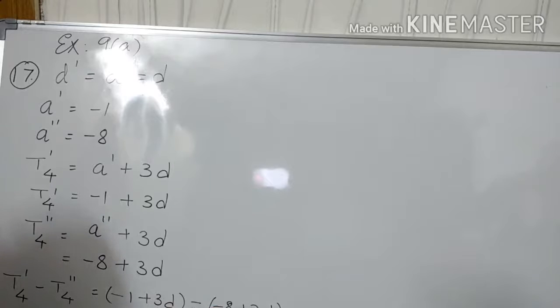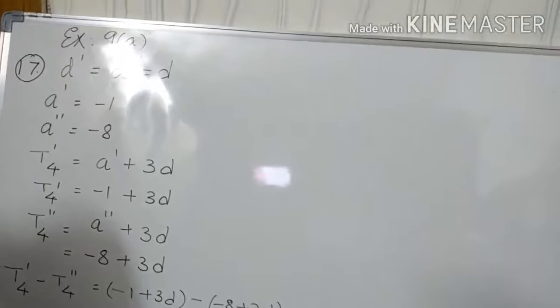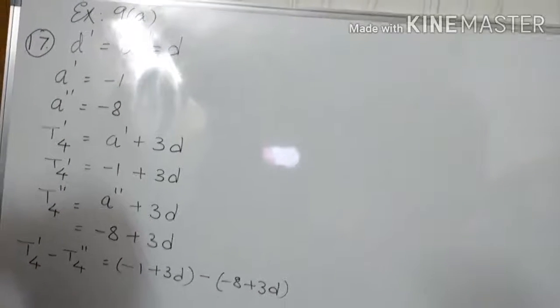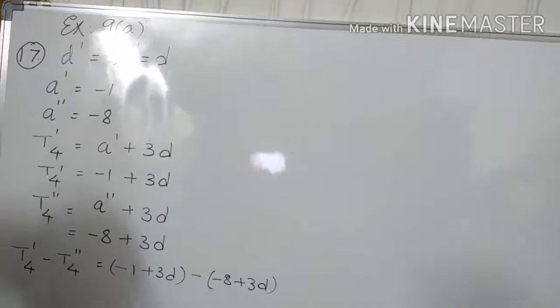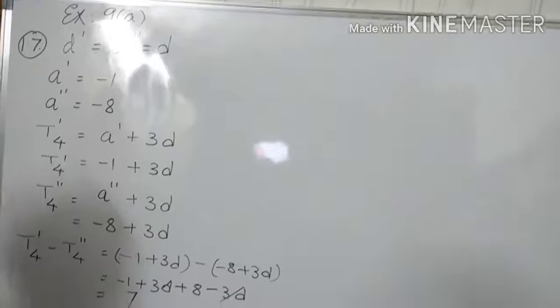So I am subtracting them, students. -1 + 3d minus (-8 + 3d). Here the 3d gets cancelled, and plus 8 minus 1 is 7. So the value of the first difference is 7.